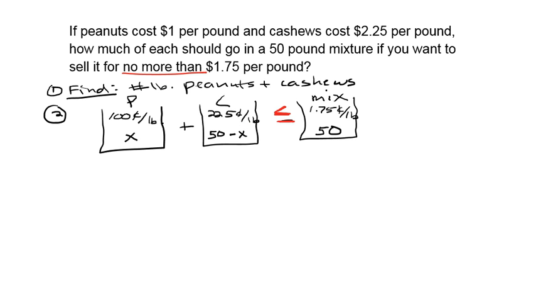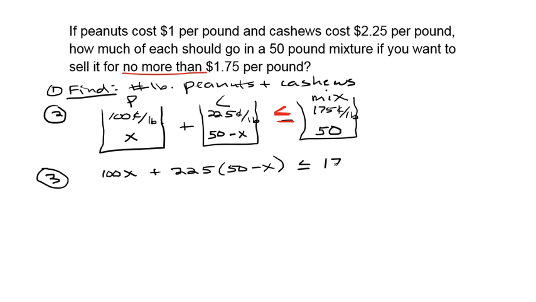So now let's go ahead and get our equation. When you have a bucket equation, all you have to do is multiply what's in the buckets and write down the symbols. So I've got 100 cents times x plus 225 cents times 50 minus x, and that is less than or equal to, whoops, we want that written in cents, so instead of 1.75 that should be 175.